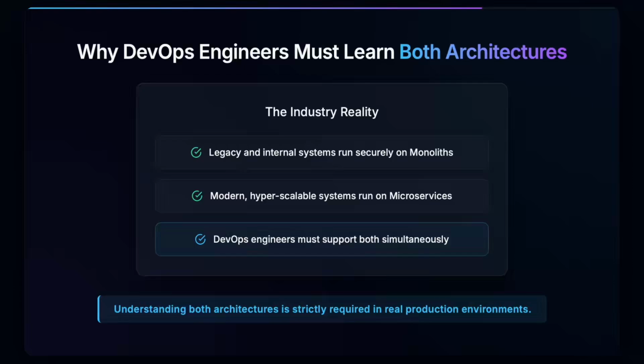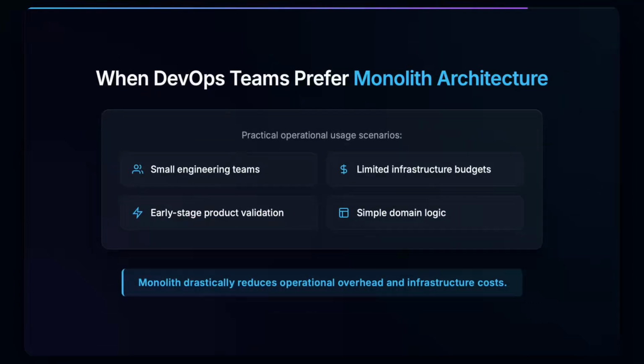If an application is complex, needs to be scaled on a huge level, and the application is very big, then only we should use microservice architecture. And we should also take care that the monolith architecture should be used only in small engineering teams, right? We have limited infrastructure budgets, we have simple domain logic and early stage product validation.